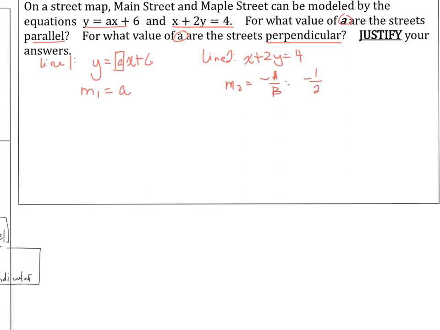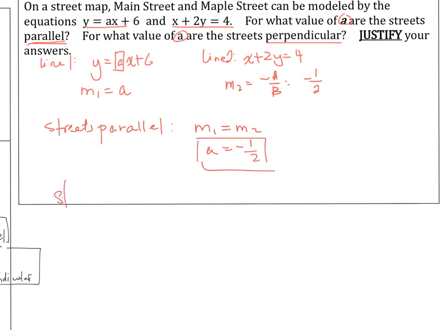Now, in order for the two streets to be parallel, their slopes need to be the same. So when they're parallel, m1 needs to be equal to m2. So a equals negative 1/2.